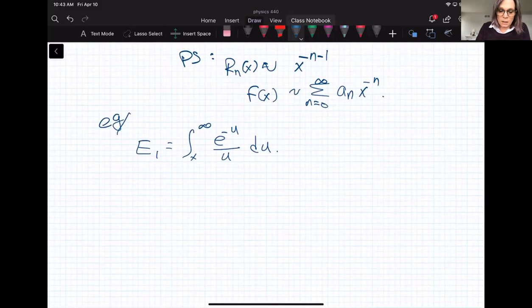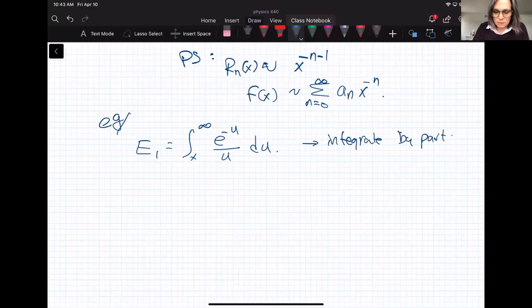Well, I think the first thing that we want to do is integrate by parts and evaluate. So e to the minus x over x minus the integral from x to infinity of e to the minus u, u to the minus 2 du.